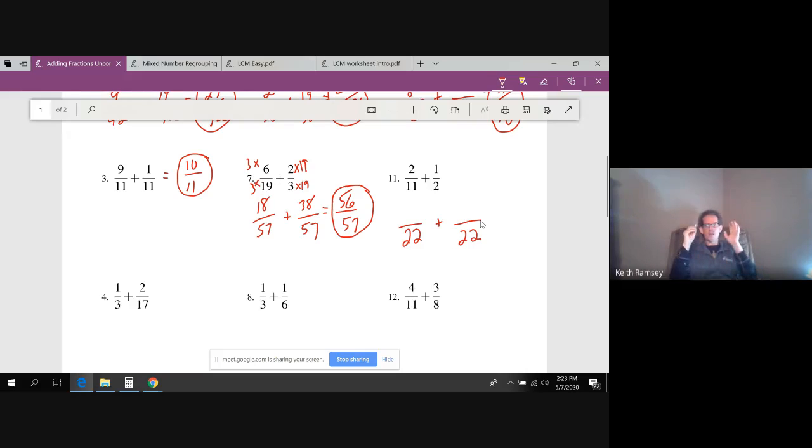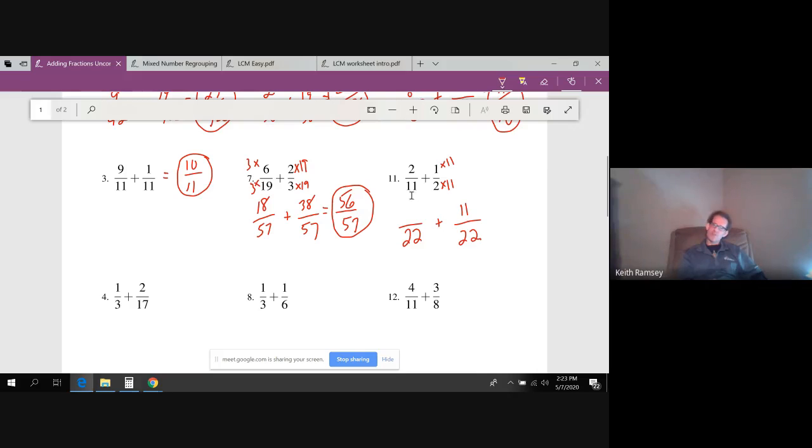Then I go back, and I have to make my fractions equivalent so that they'll have a denominator of 22. So if I multiply 2 times 11 to get 22 on the bottom, then I have to multiply the numerator by the same number. So it still equals 50 cents, because right now I know 1/2 is 50 cents. So if I did a 1 times 11, I know that 11 over 22 is still 50 cents because 11 is half of 22. That's how I know these fractions are equivalent.